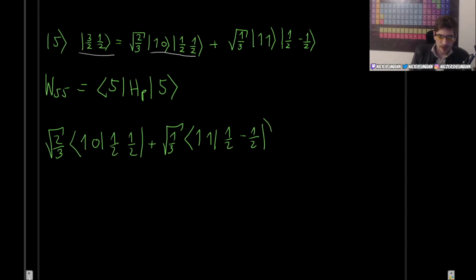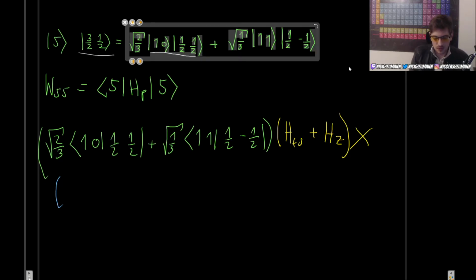All right, and so this was the bra. Now comes the Hamiltonian: the fine structure Hamiltonian plus the Hamiltonian from Zeeman. And now we get actually the exact same thing for the ket, so maybe let's just copy it.